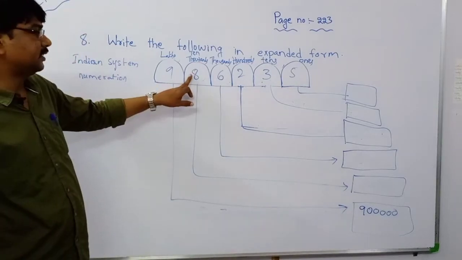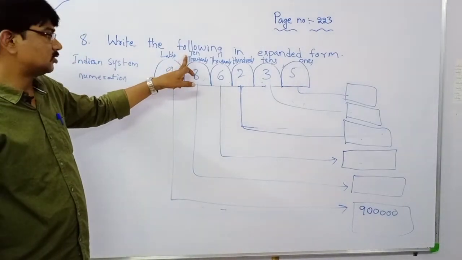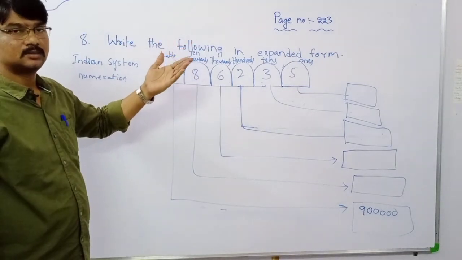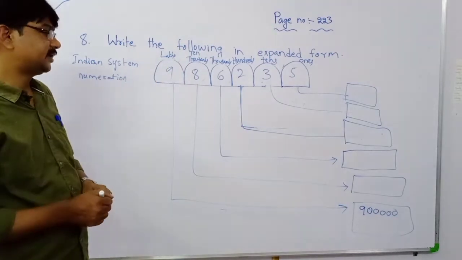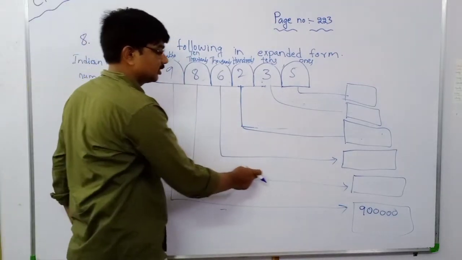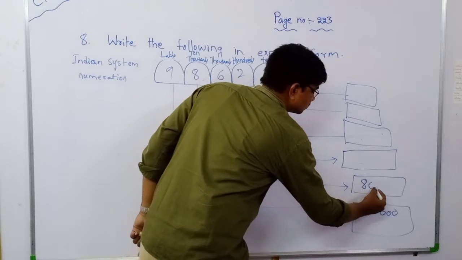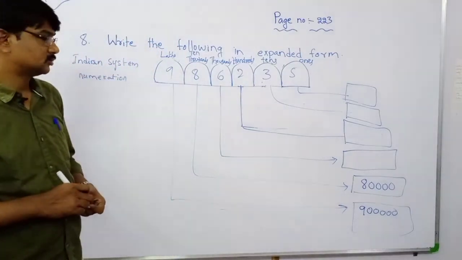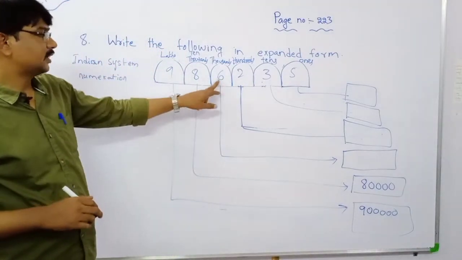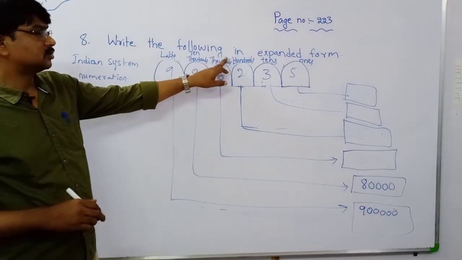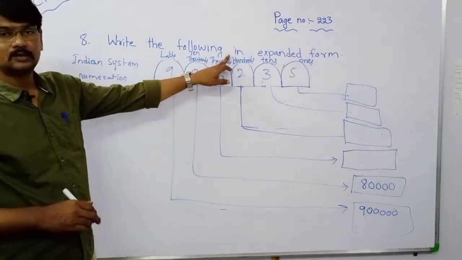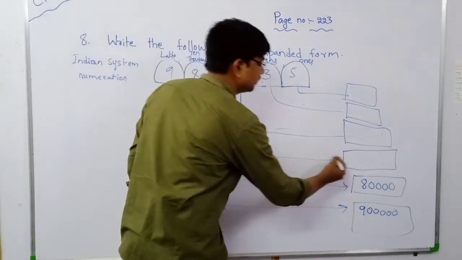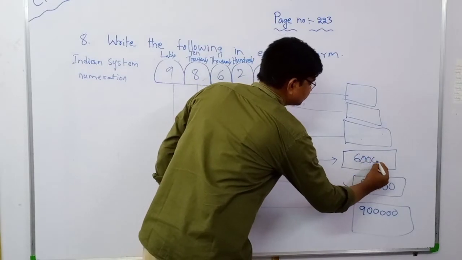Next 8, at 10,000s place. 8 10,000s is 80,000. 4 zeros. Next 6 at thousands place, so 6,000.